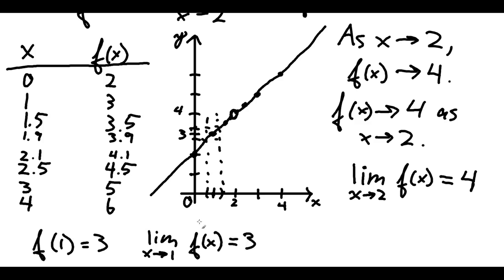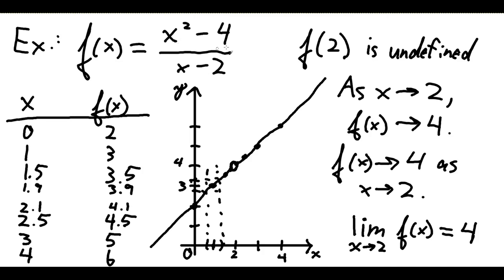But it's important that this is not because f of 1 equals 3, it's because of what f of other numbers near 1 is equal to. That's how we go at these things. The function value could be completely different, right? I could define this function in a piecewise fashion.